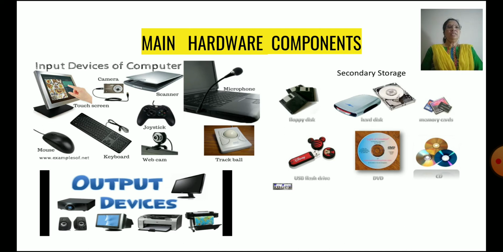Now, secondary storage devices. In the secondary storage devices, you can see external hard disk, memory card, DVD, CD and pen drive. Why are we using external or secondary storage devices?